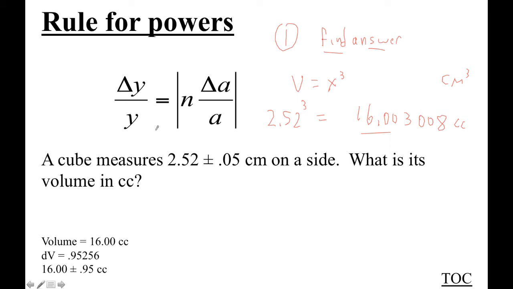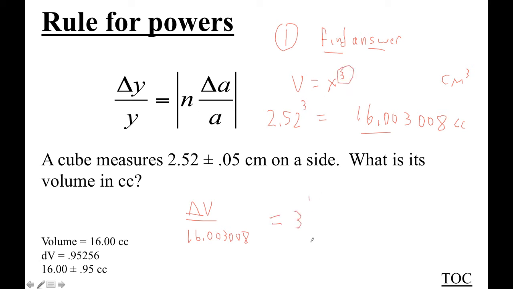And now we've got to use this rule here, right? So the uncertainty of the volume over the volume, so 16.003008, equals n, which is 3 in this case, right?